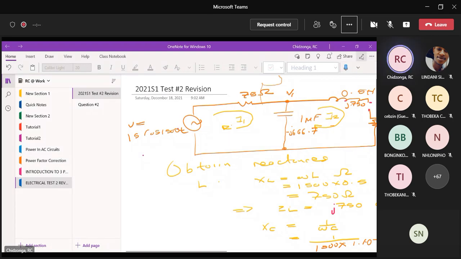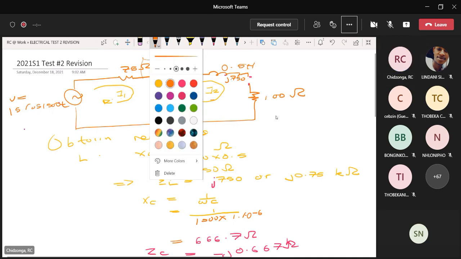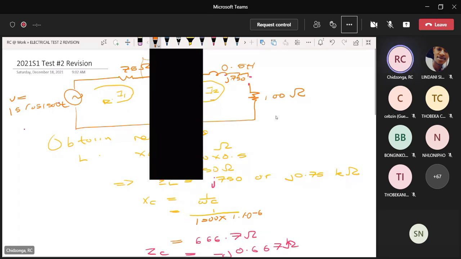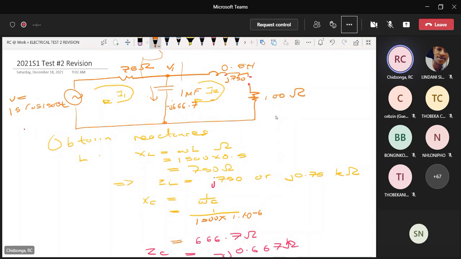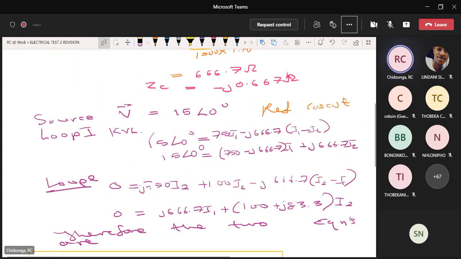The net current flowing in this direction here, whilst we are in this loop, is this impedance times I1 minus I2, because I2 is going up and then I1 is going down, which is this term here, I1 less I2.